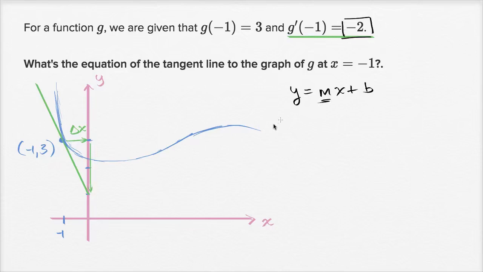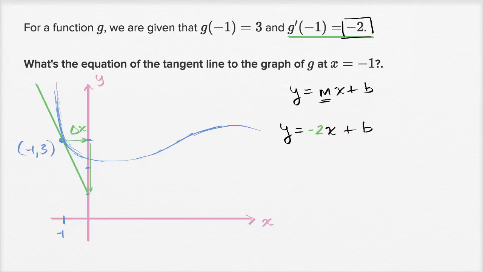We already know what the slope of this line is. It is -2. So we could say y is equal to -2 times x plus b. To solve for b, we know that the point (-1, 3) is on this line. This goes back to some of your Algebra 1 that you might have learned a few years ago. So let's substitute -1 and 3 for x and y.